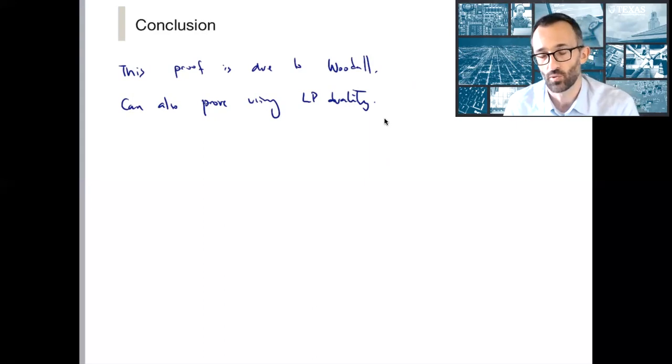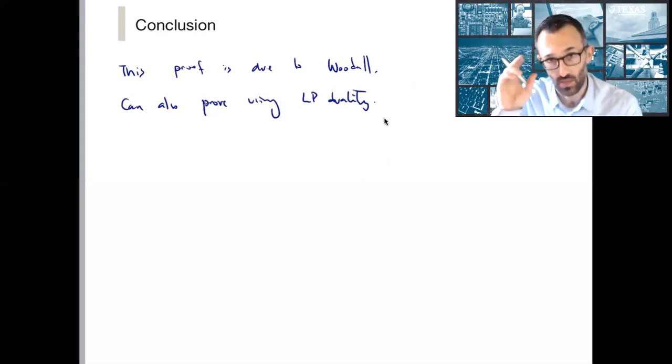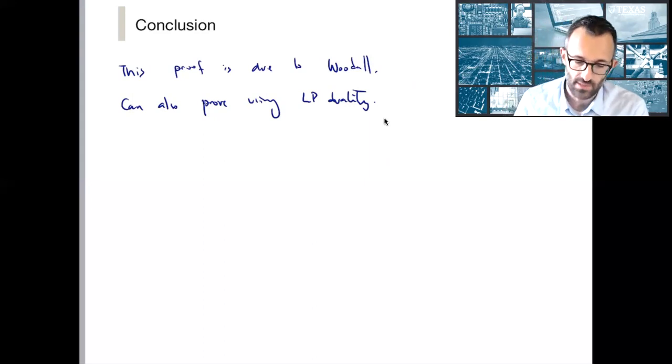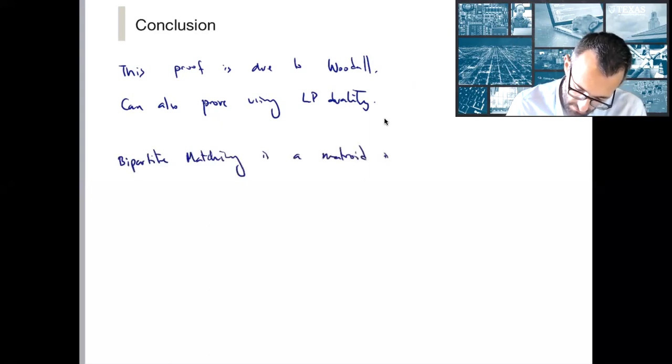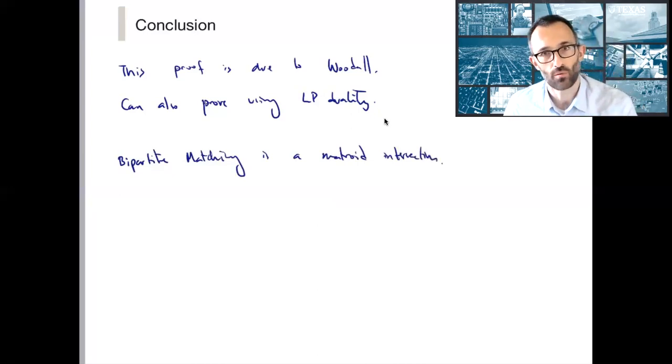In the previous lecture, when we first stated this theorem, we saw that we gave a few corollaries, but I'll just leave this as a slightly more involved exercise, is that we can revisit something that we know is an intersection of matroids. Bipartite matching is a matroid intersection. And therefore, we can think about what this theorem tells us.